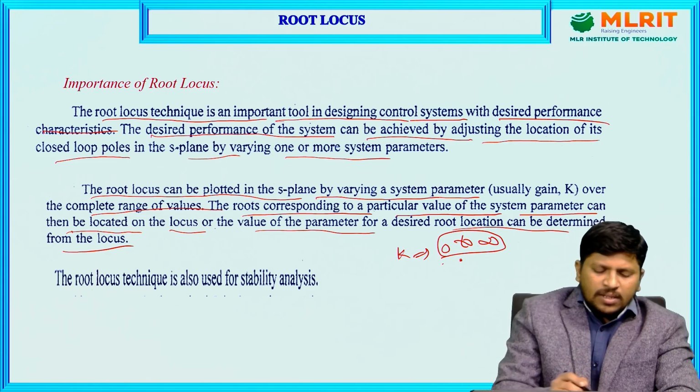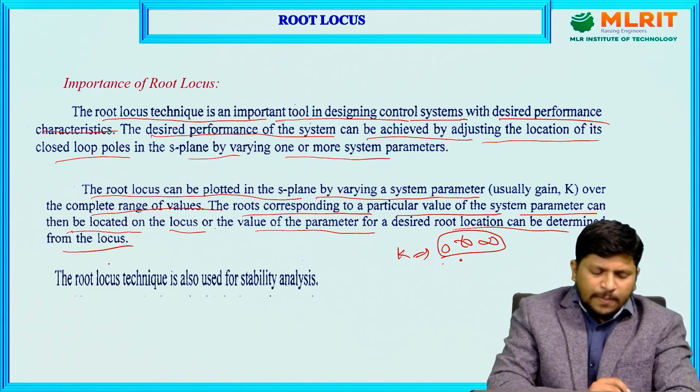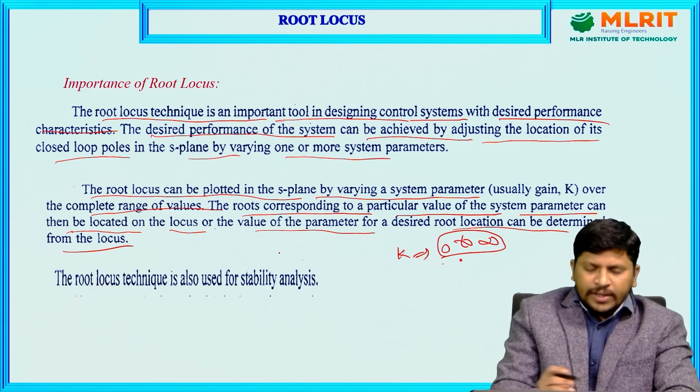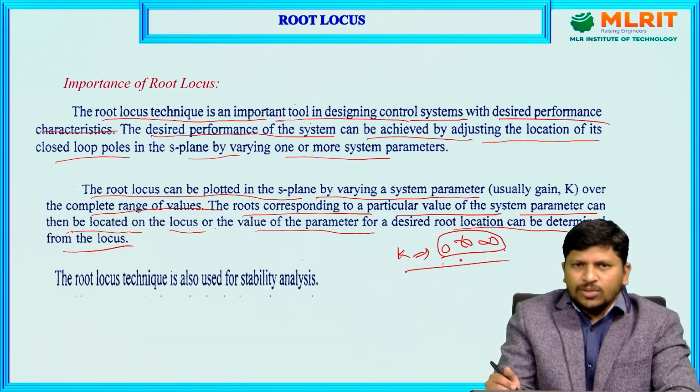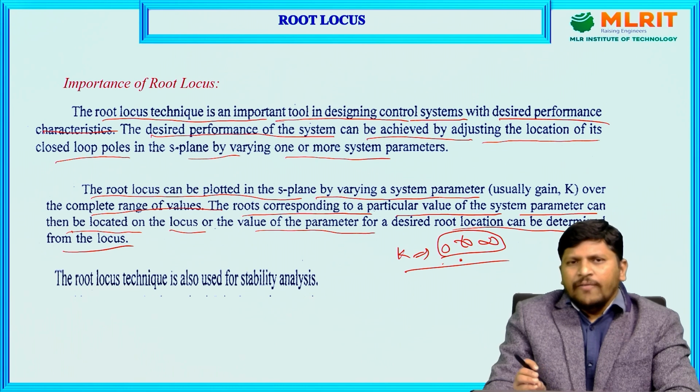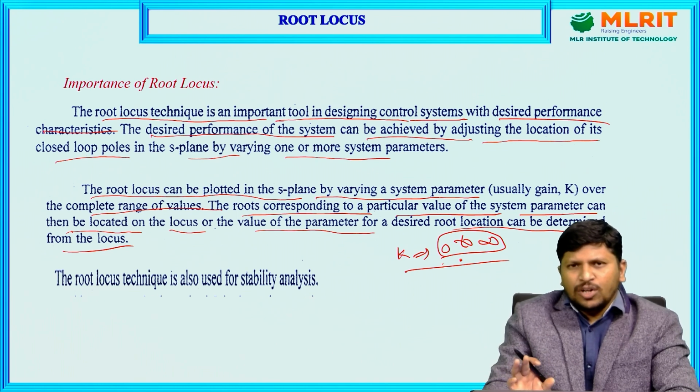So by that we are going to vary the system parameter or gain value, that is k equals 0 to infinity. And also the root locus technique is very useful for stability analysis, whether the system is stable or unstable.